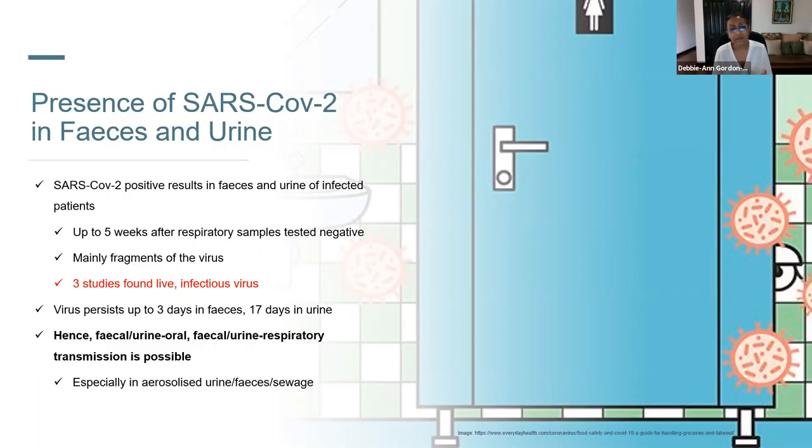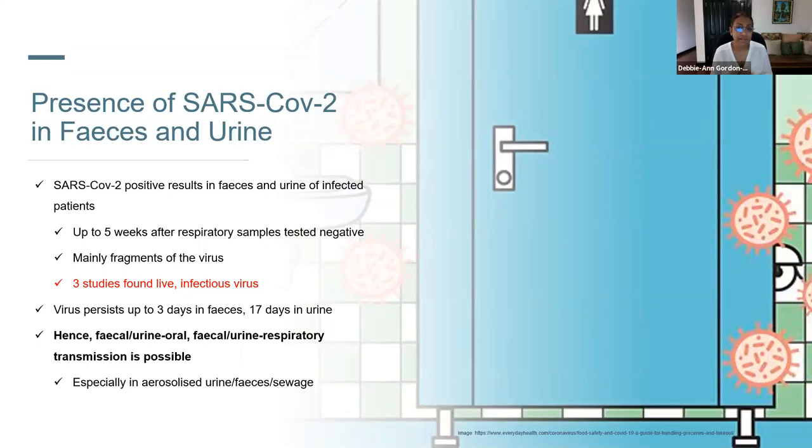And like I said, most of the time they've seen fragments of the virus, and that is because the virus does not appear to be very resistant to the environment of the gastrointestinal tract, unlike the enteroviruses like E. coli. So much of the virus tends to break down as it passes through the GI tract.